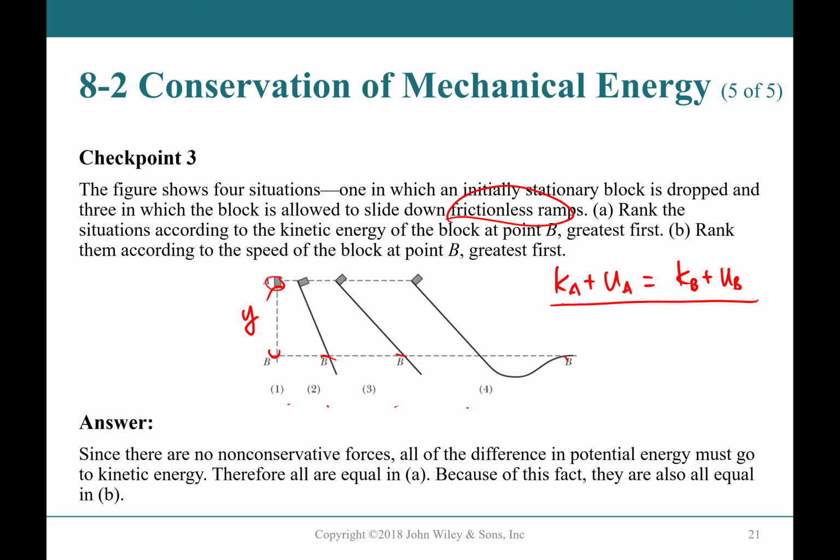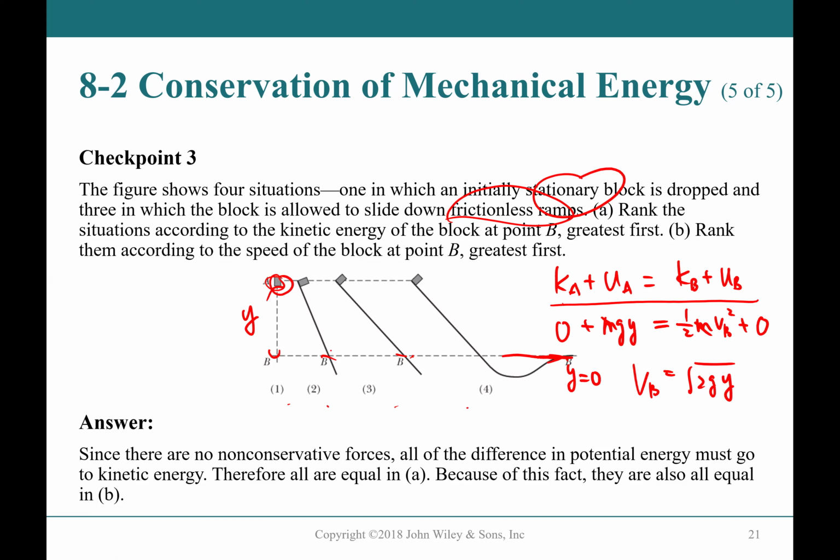The energy is conserved. So basically at this point it's dropped from stationary, initial speed is 0. So 0 plus mgy will be equal to, if we choose this as y equals 0, 1/2 m vb squared plus 0, right? U here at point B is 0. Then our vb will be equal to the square root of 2gy.